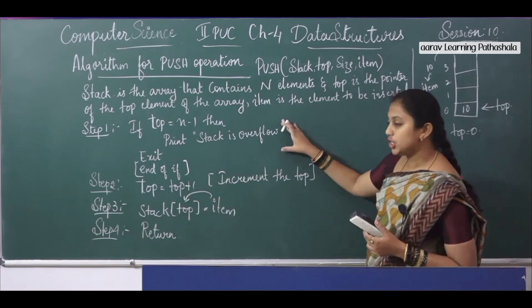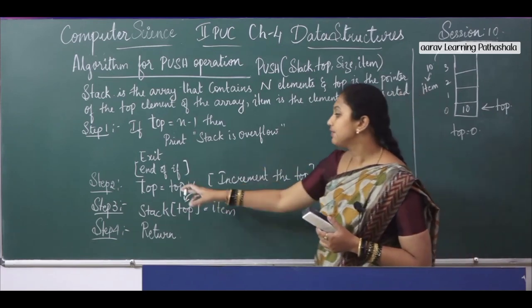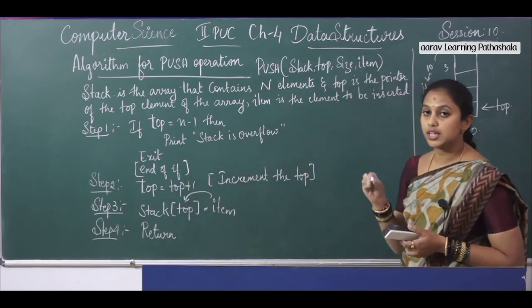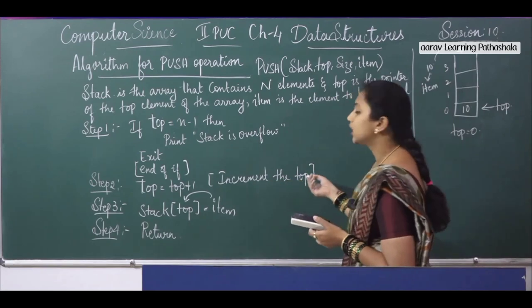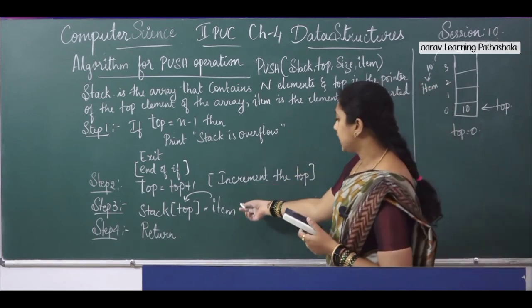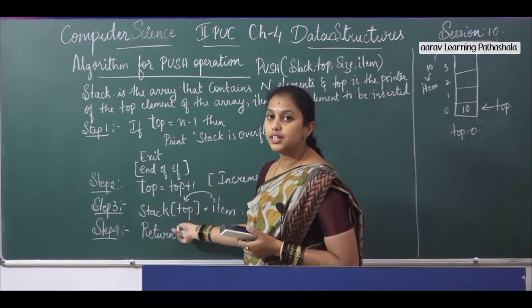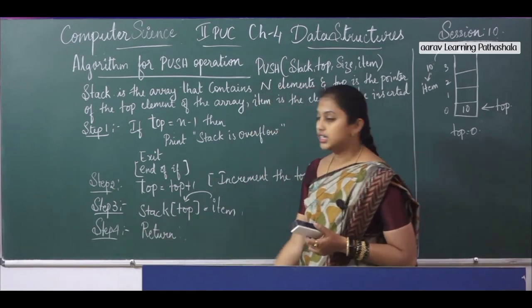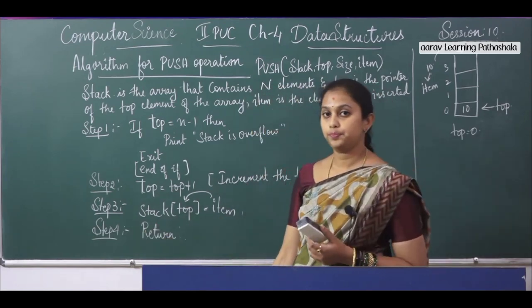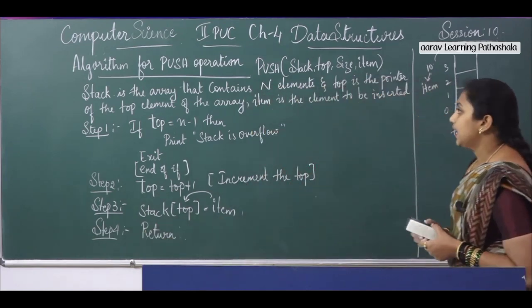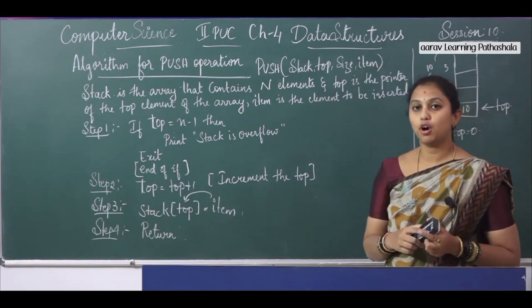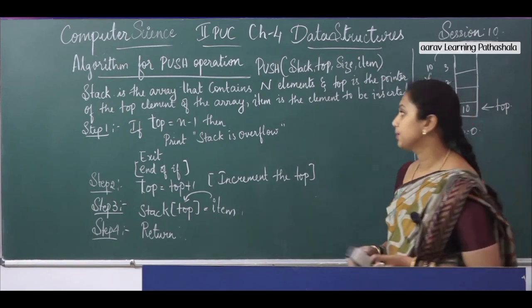If this condition is false, then we can insert an item into the stack by incrementing the top. So we are inserting an item to the top of the stack and we are returning from the stack. Next, let's see how to perform pop operation.